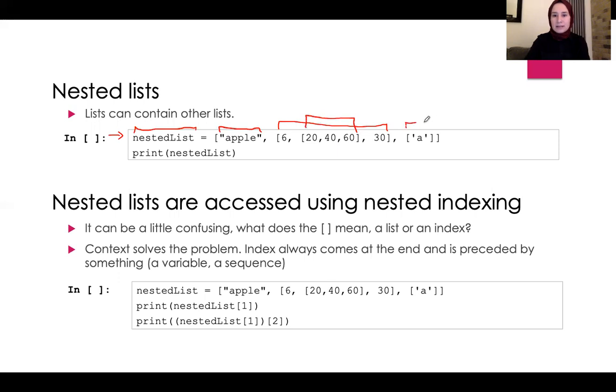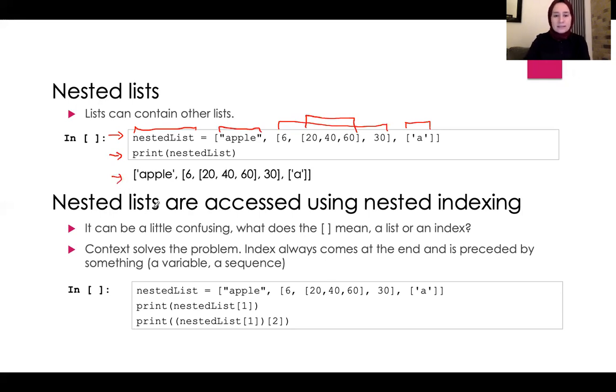And finally, we have another list. So therefore, a list can contain other lists inside it. So we call this a nested list. And we can print the nested list elements using the print function. When you run this piece of code, this is the result you will get.